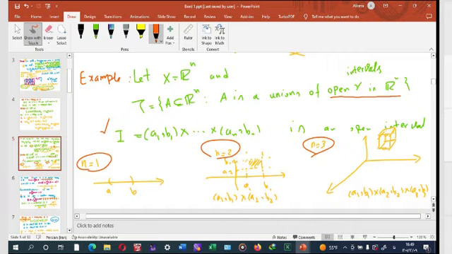In the case n equal to 2 in the plane, this product equals this square, and in n equal to 3, this product equals this cube.